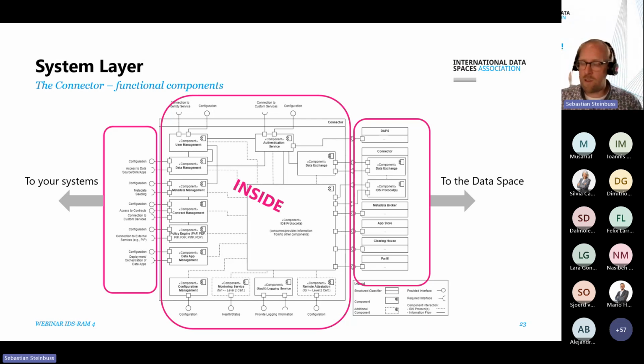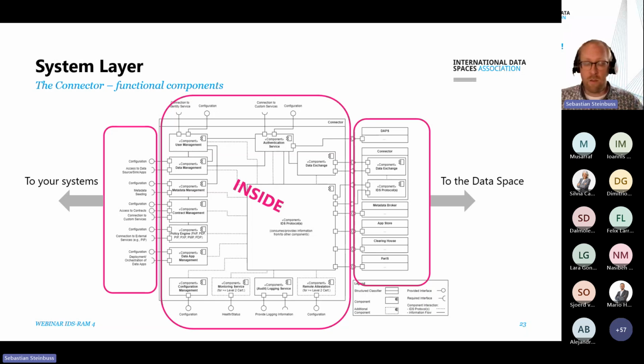This is not a wire diagram where you have to implement each and every connector exactly like this, but it explains what the different concerns are that you have to think about. It may be authentication, authorization, any kind of data router to connect the external world to the internal world, policy enforcement, the policy engine, contract management, metadata management. All those things are things that you have to consider when building your connector.